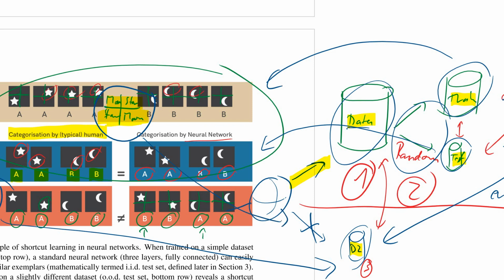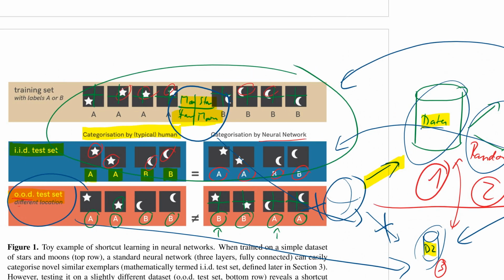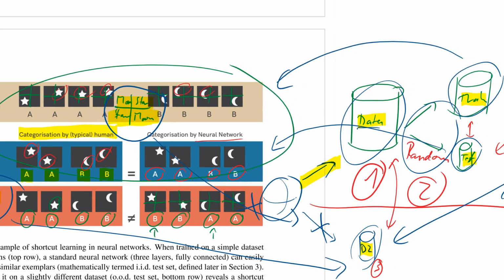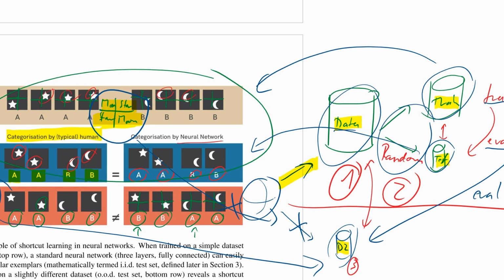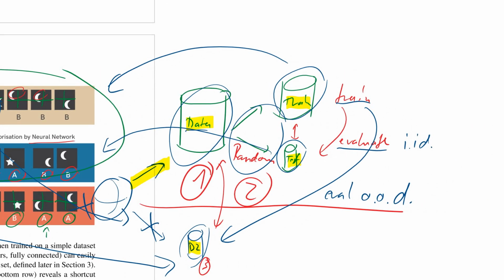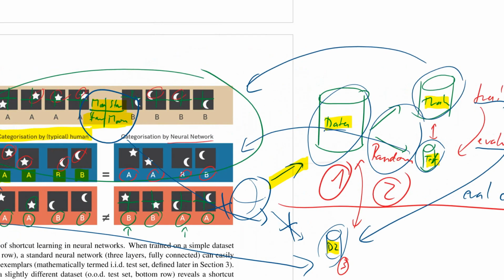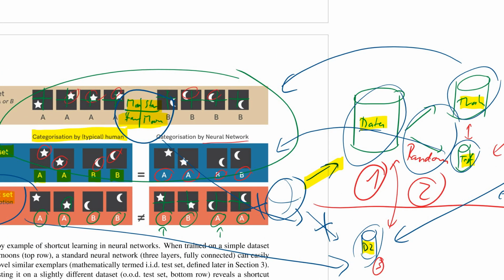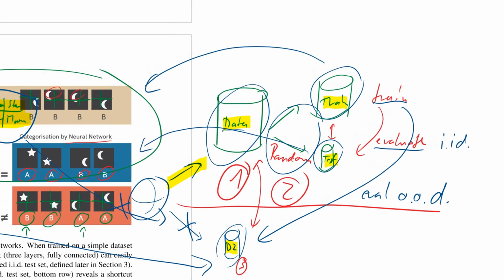This is not here. So shortcut learning refers to the phenomenon that there might be features in the training set that the model starts to learn, such that it learns something else than what we want it to learn, right? We want it to learn the shape here, but it learns something else.